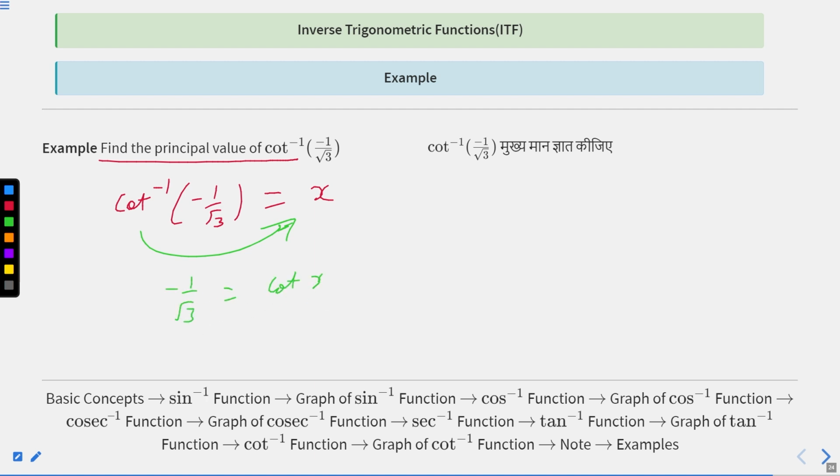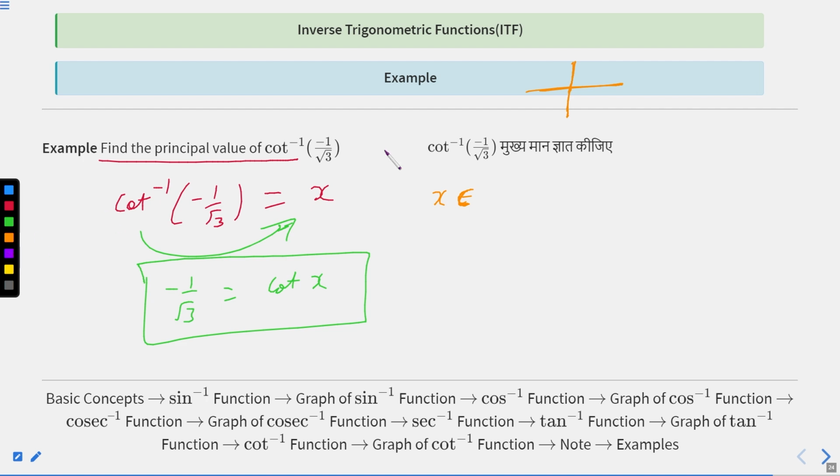Now, first of all, we are talking about principal value, so this x must belong to the principal value branch. If you recall, what is our principal value branch for cot x? If you recall the graph for cot x, let's see the graph.